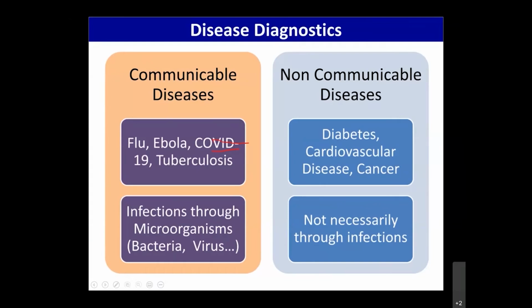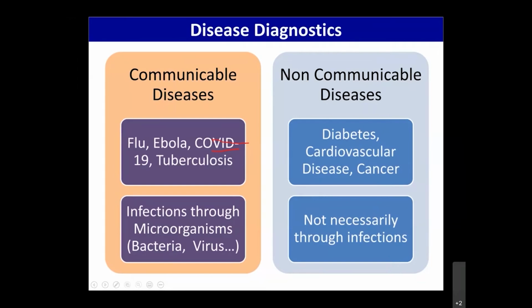The other class is non-communicable diseases. They're not necessarily because of infections. Some of the non-communicable diseases are because of infections. However, quite a few non-communicable diseases are not related to infections. They are often called lifestyle diseases, such as diabetes, for instance, cardiovascular disease, and also cancer, right?